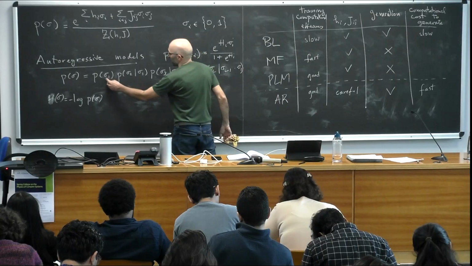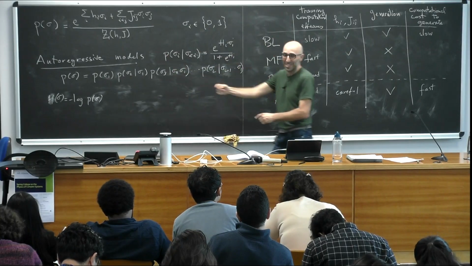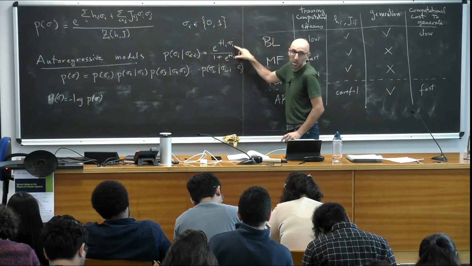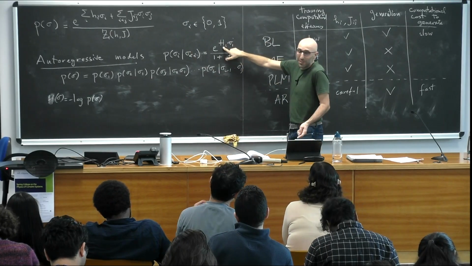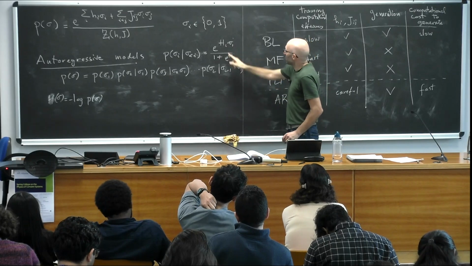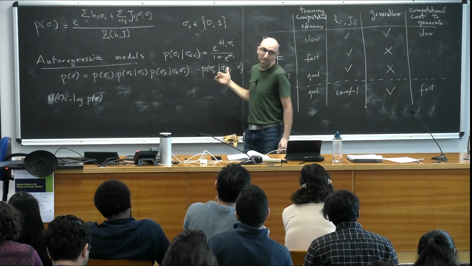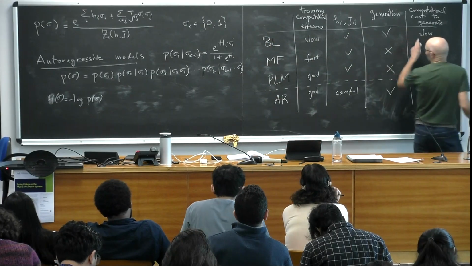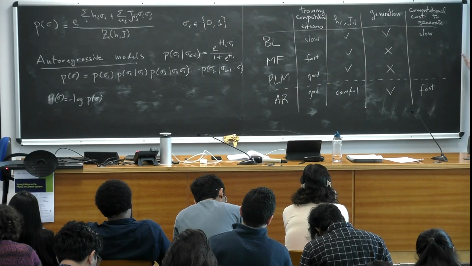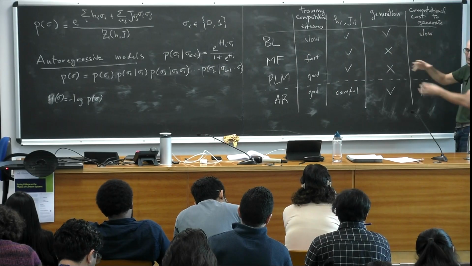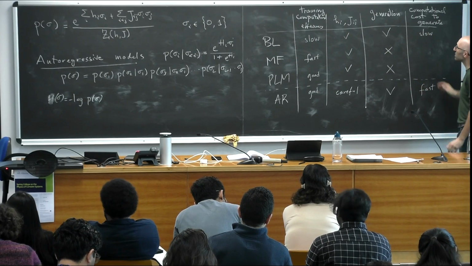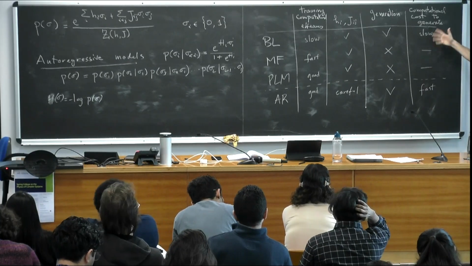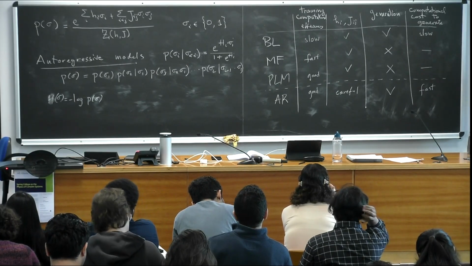You start from sigma 1, then you go on. At each step, to compute the conditional probability, you have to compute this local field that takes order L operations. So in the worst case, it takes order L squared operations to generate a new state. While in the Monte Carlo, it could be even exponential in L if your system has metastable states and so on. And for these two, I don't say it because it's the same as Boltzmann learning, but it's not even good, so you don't want to do that.